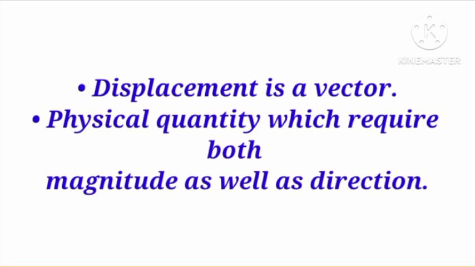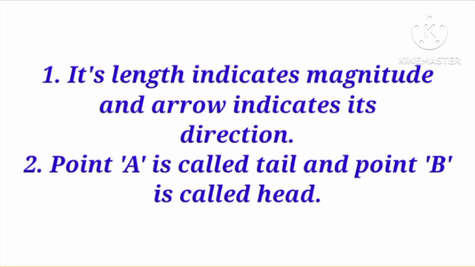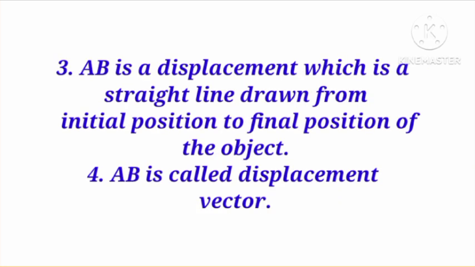Displacement is the shortest distance covered by an object in a specific direction. In this there is a need of direction. Here A is the length, B is the arrow. Length indicates its magnitude while the arrow indicates its direction. Point A is called the tail and point B is called the head.